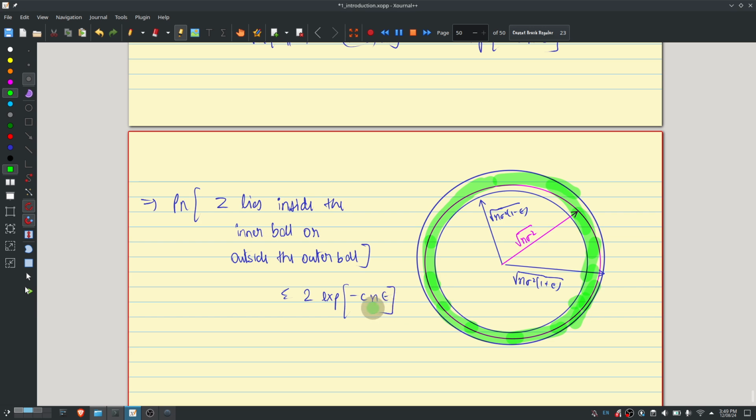So even if I choose epsilon to be 1 over square root of n, or even 1 over some polynomial in log n, that still works. I can still have the right hand side vanishing as n tends to infinity. So even if the thickness of this shell is just 1 over some polynomial in log n, much of the probability still lies inside this shell. Right? And that's a surprising feature of what happens in high dimensions.